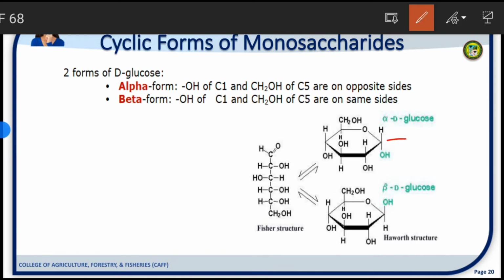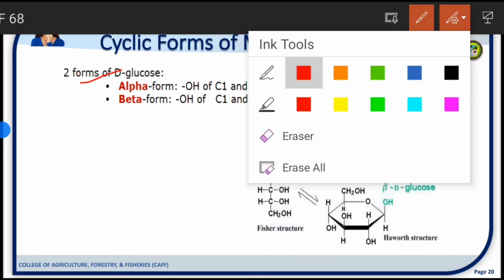Look at the direction of the OH and the direction of the CH2OH in the alpha form. The OH is positioned downward, while the CH2OH is positioned upward. And that is why in the alpha form they are pointing on opposite sides.